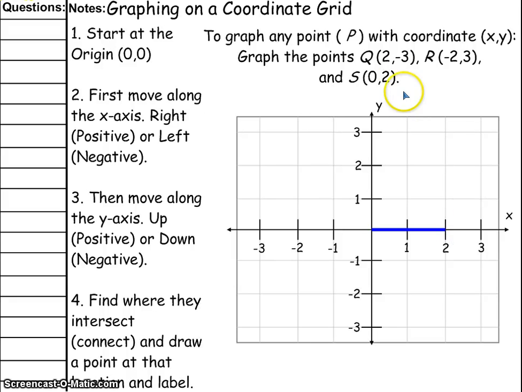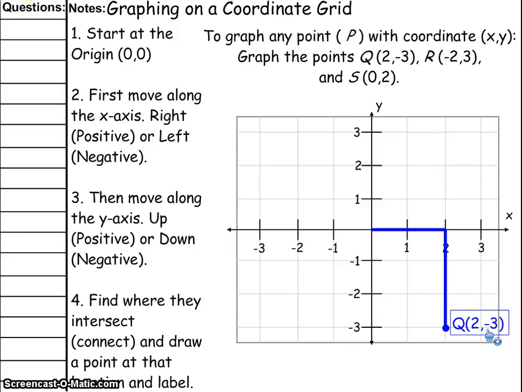Since my y coordinate is -3, I'm going to go down for -3. And this is where +2 for the x and -3 for the y meet. So that is where I'm going to plot my point. And I'm going to label it Q (2, -3) to indicate that this is the point Q, which is located at 2, -3.